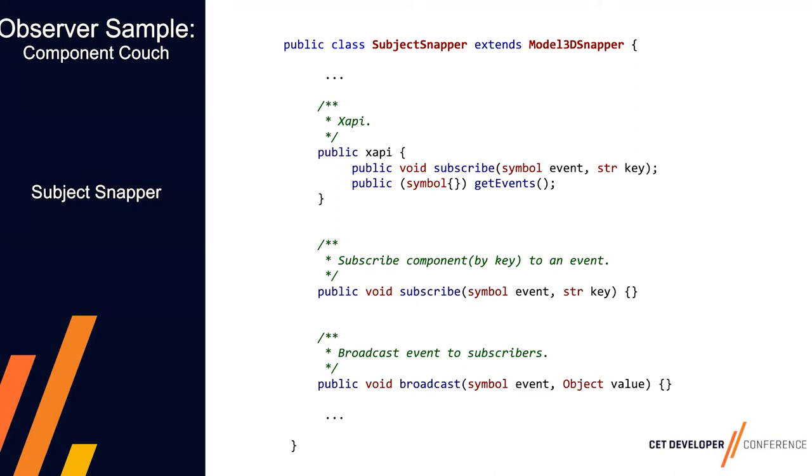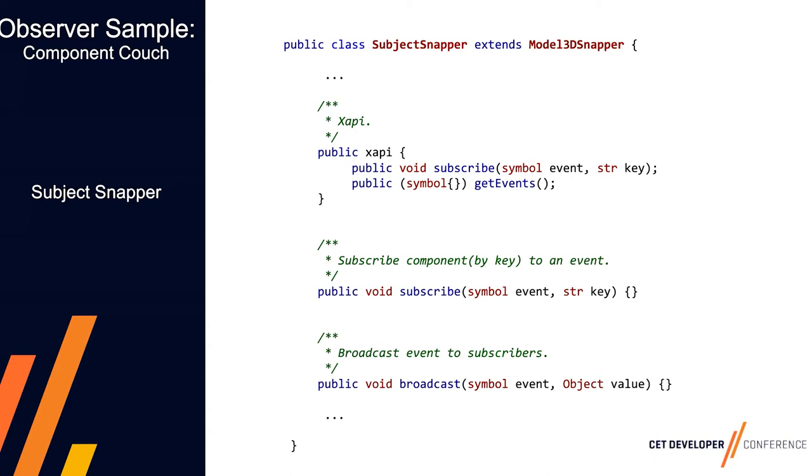The subscribe method is what the component is going to call on the snapper to basically say that I want to receive some specific piece of information. In this case, I am using a symbol to represent the type of information and the key to represent the specific component that is asking to be subscribed.